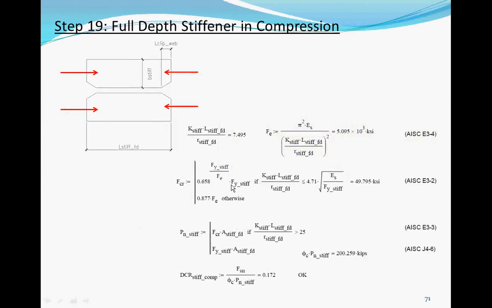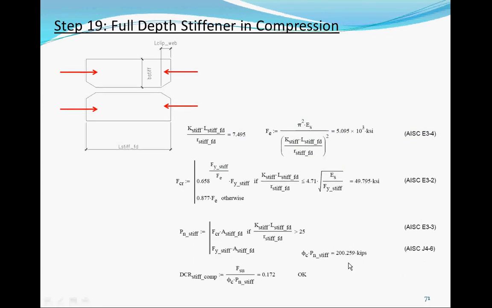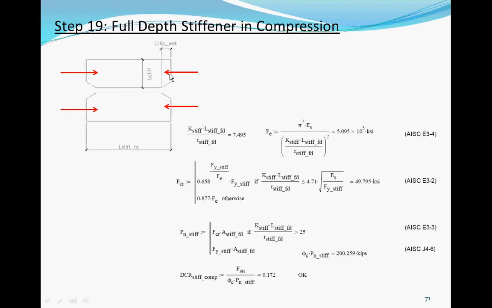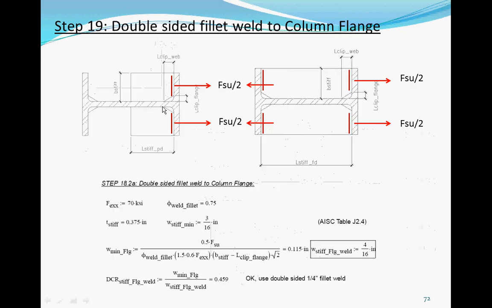We're doing the AISC E2 check. We need the RD to find out the FE number. So these are all per the AISC equations. And when you look at it at the end, the DCR should not govern, or if you make it too thin, it might govern. So that's for your full depth stiffener compression check.